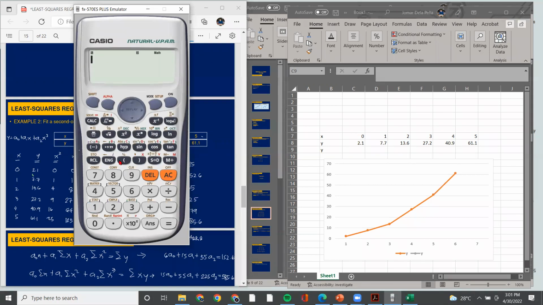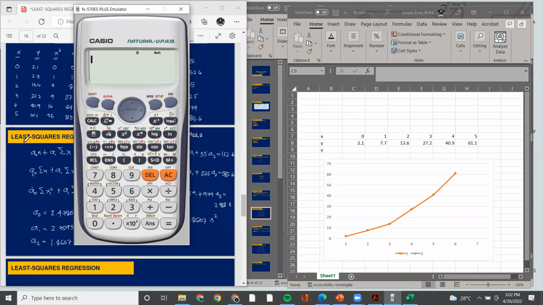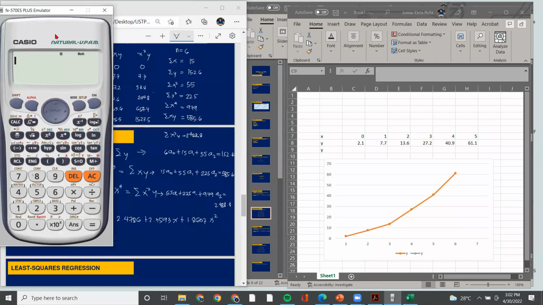Mode 1, clear. Then this is the equation: Alpha y equals 2.4786 plus 0.3593 alpha x plus 0.8607 alpha x squared.